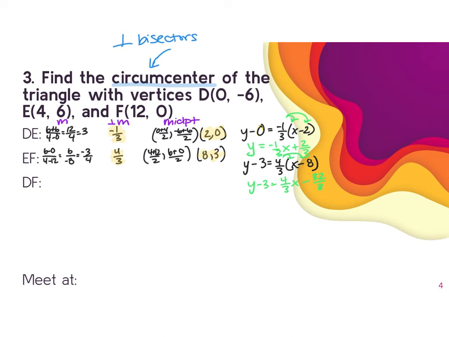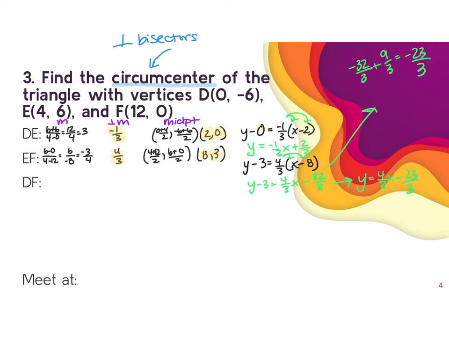Now we want to add 3 to both sides, so we get y all by itself. So we're going to have y equals 4/3 x. When I add 3 to negative 32/3, we could think of 3 wholes as 9/3, which gives me negative 23/3, so it's minus 23/3.